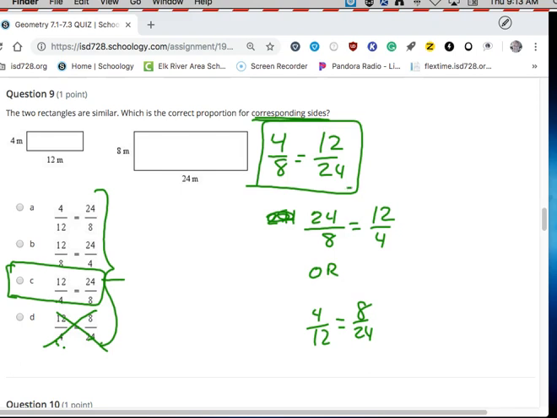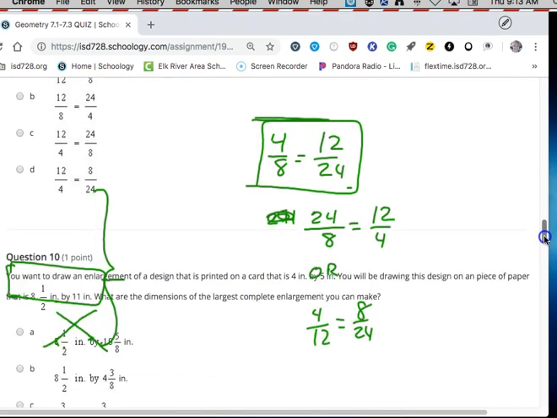The corresponding sides are this one. We'll talk more about question 9 later. I'm sorry about that screw up for the choices.